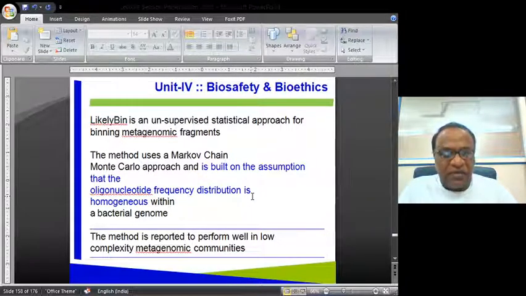LikelyBin uses a Markov model. The assumption is oligonucleotide frequency distribution is homogeneous and it performs very well when the microorganism genomes or the metagenomic communities have low complexity. Is that clear?